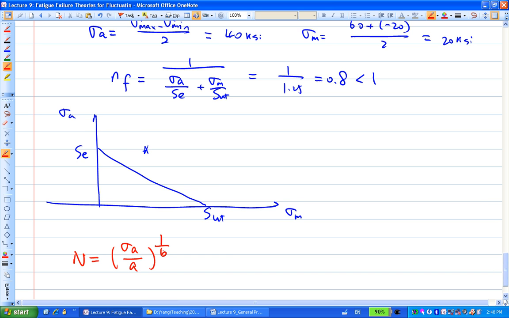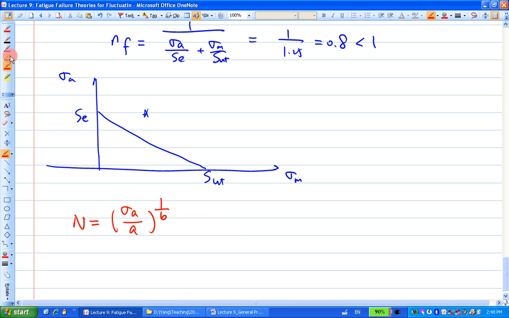This is the formula, and the A value is (F SUT) squared over SE, and the B value is negative 1/3 log of (F SUT) over SE. That's the B value.